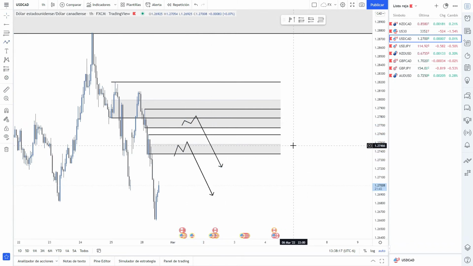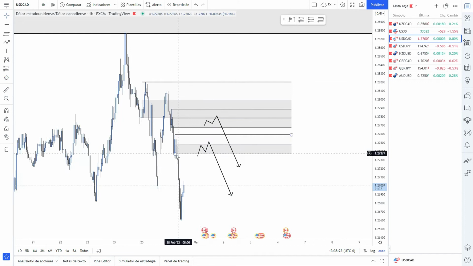We can short at either this level or this other level up here, which is much better because we will be selling at higher prices.